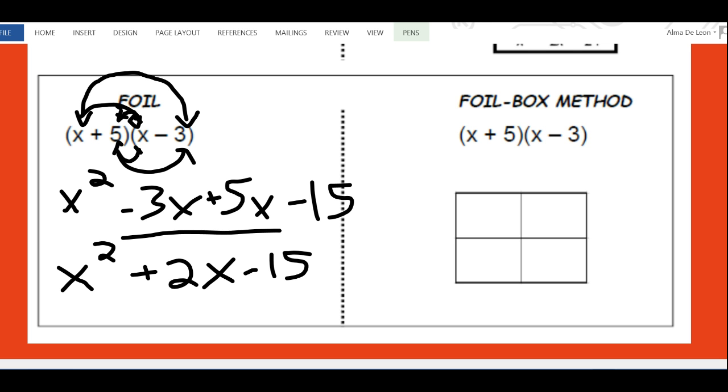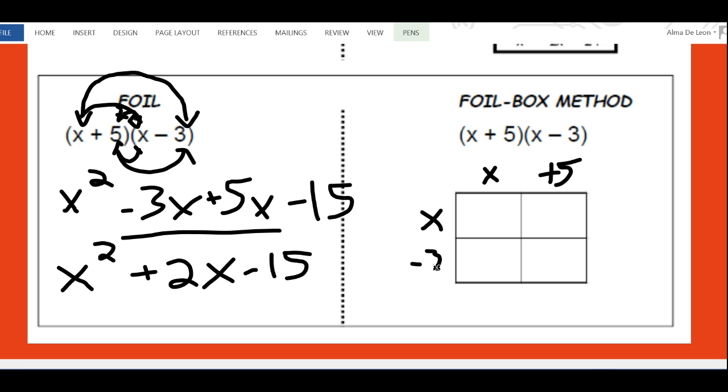In this case, x plus 5 consists of two terms, and so I'm going to have to use one column for each term. I'm going to put x on one column and the positive 5 on the second column. Now for the second binomial, x minus 3, I'm going to put the x in one row by itself and -3 in another row by itself. So I ended up with a 2x2 box.